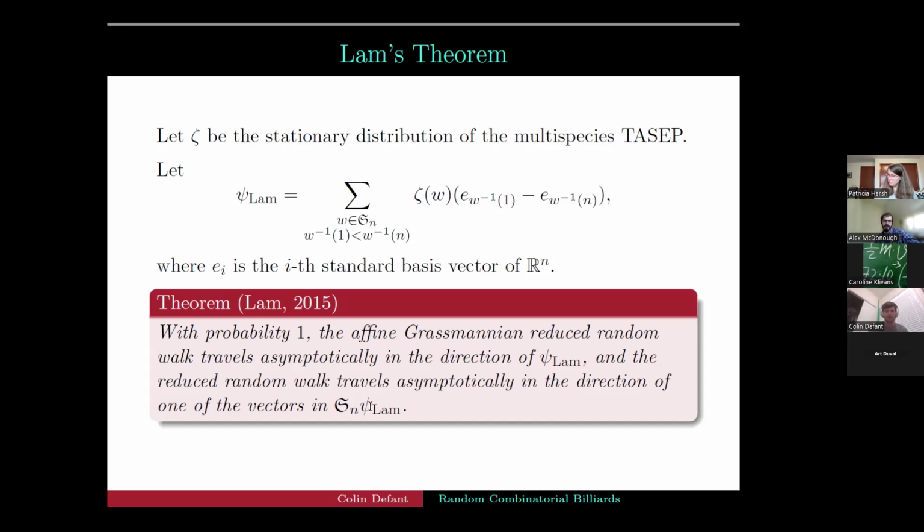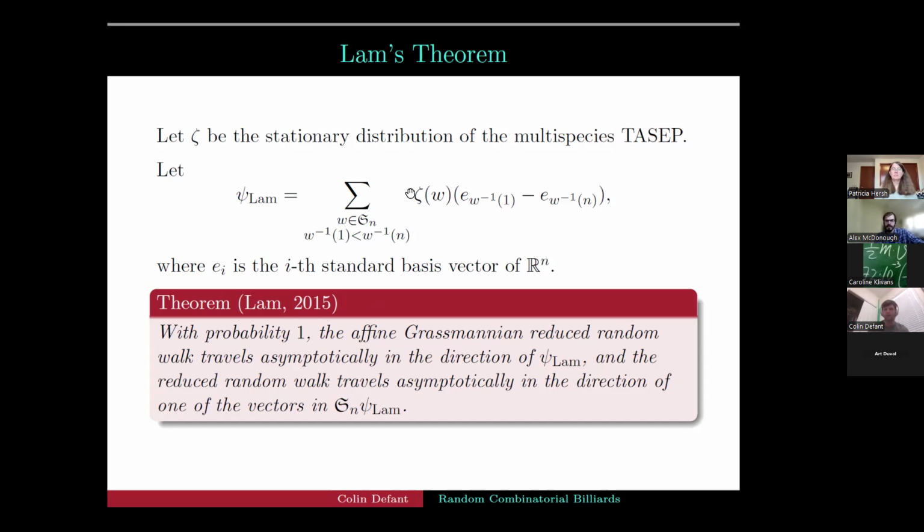So this is some set of n factorial different vectors. And here this is saying that when you do the reduced random walk, you have to go in one of those n factorial many directions. Okay. Well, so this is nice, but really we'd like to understand what this vector is. Right now we have some kind of sum over permutations with some distribution.